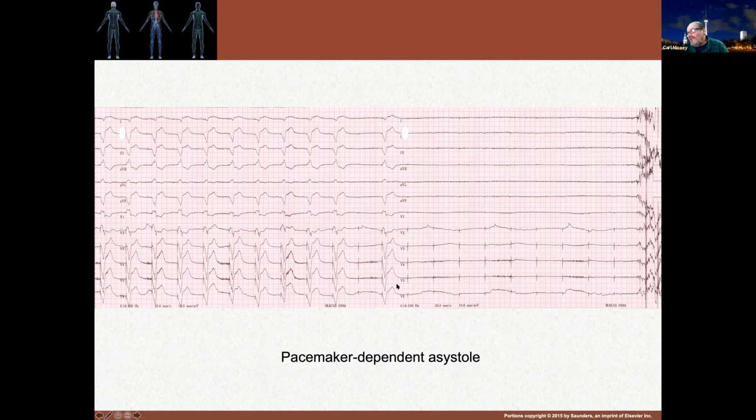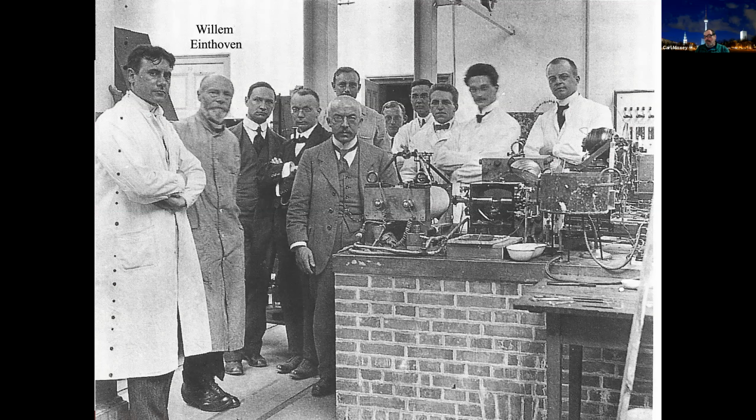Now, for some reason unknown, it fails. And so once it looks like it's still administering some current to the patient, but notice there is no QRS complex. So this individual is pacemaker dependent, and as soon as the pacemaker isn't delivering the proper voltage or whatever, the individual goes into asystole.